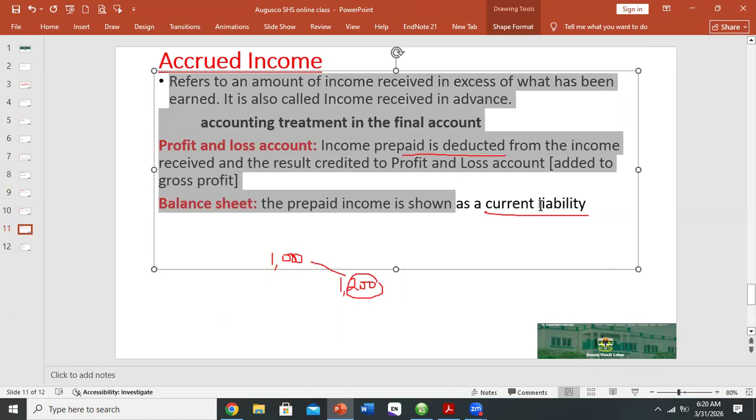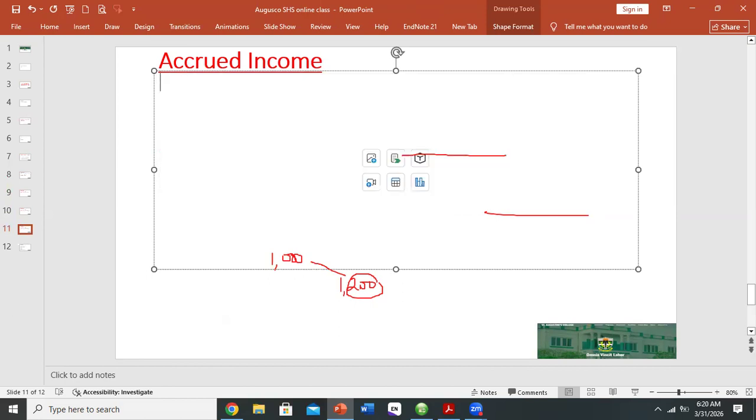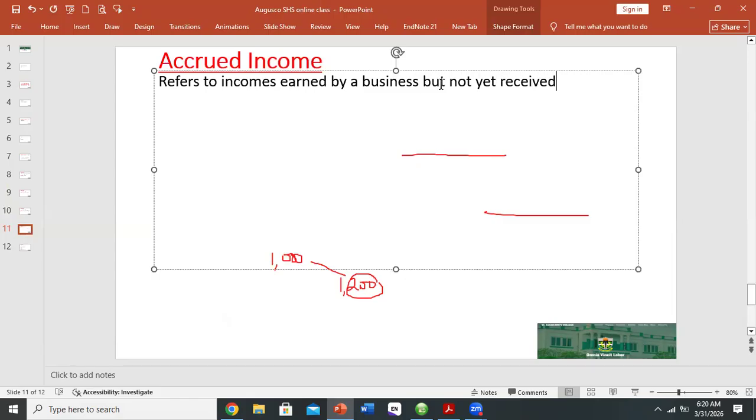So accrued income here refers to income earned by a business but not yet received. So the business has earned the income, but they have not received it. So the income is in arrears, or is due, or is outstanding.